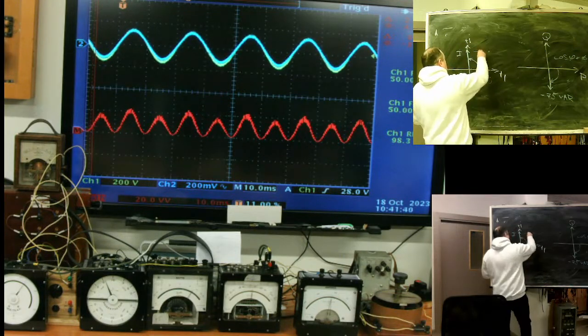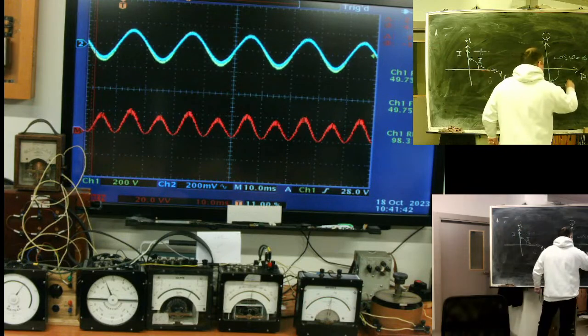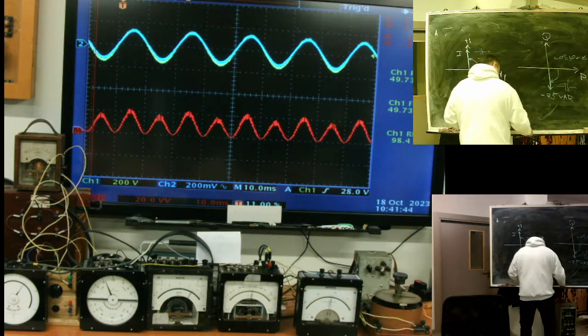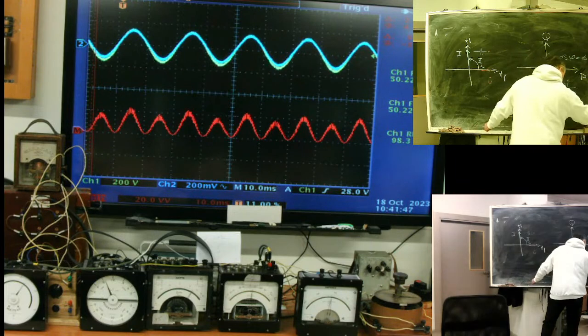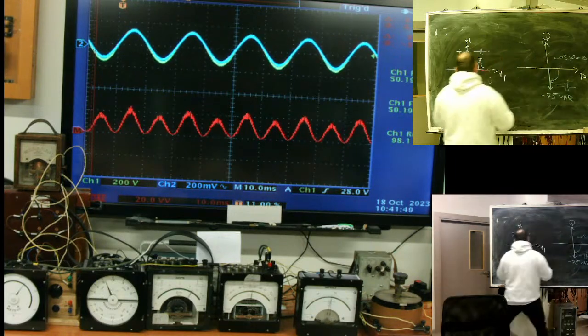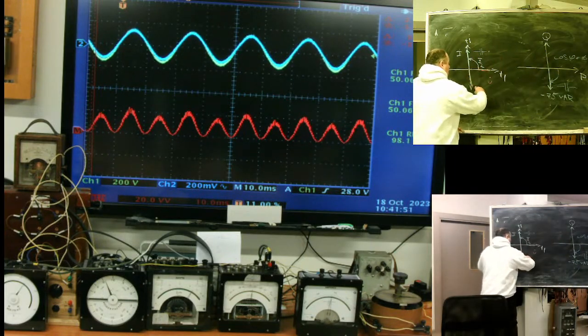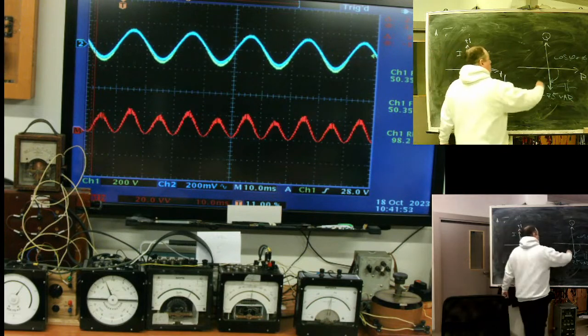In blue, capacitor; in what kind of color? In yellow, coil.